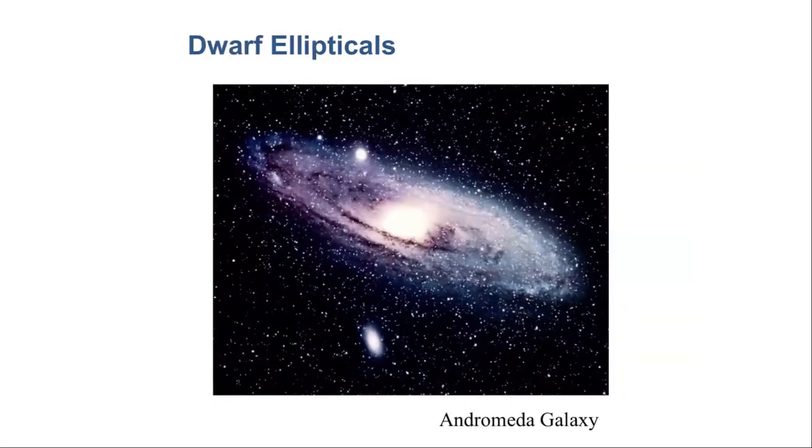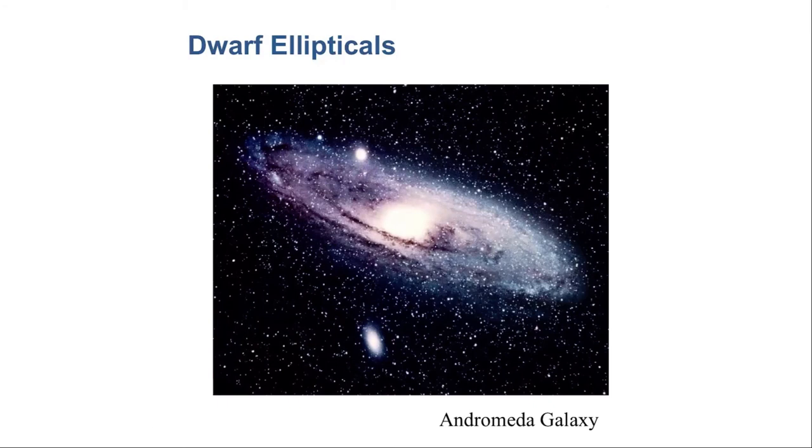Here's another couple of pictures of elliptical galaxies. No, of course, not the big one. This is the Andromeda galaxy, but Andromeda has two satellite galaxies, which are here and here. And those two galaxies are, in fact, elliptical galaxies. In fact, they're dwarf elliptical galaxies.